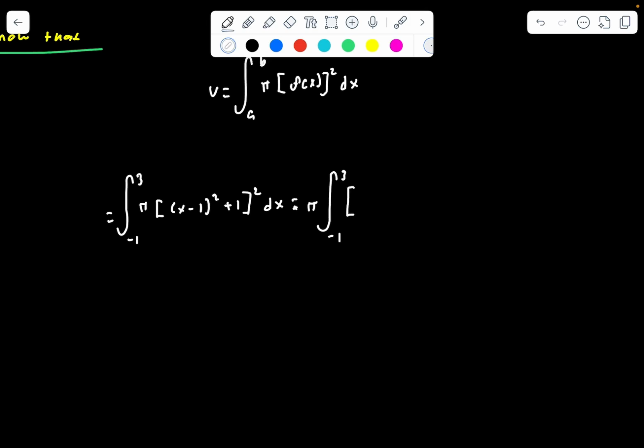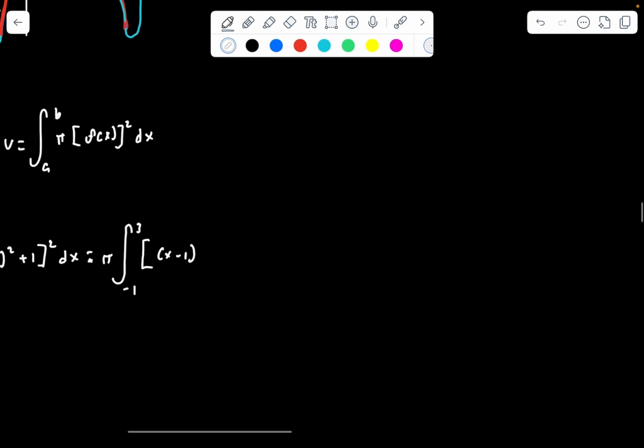So right here, since x is minus 1, it's going to give you x minus 1 to the power of 4, plus 2 times x minus 1 squared, plus 1, and we're going to have a squared here, dx.